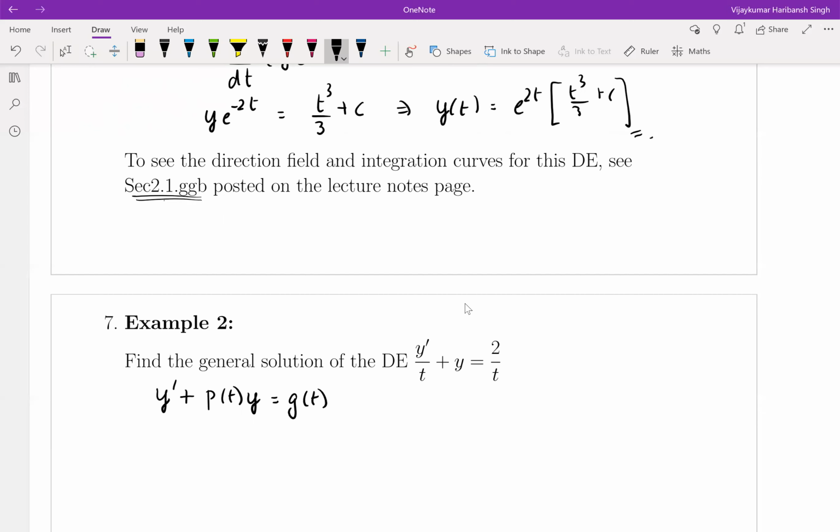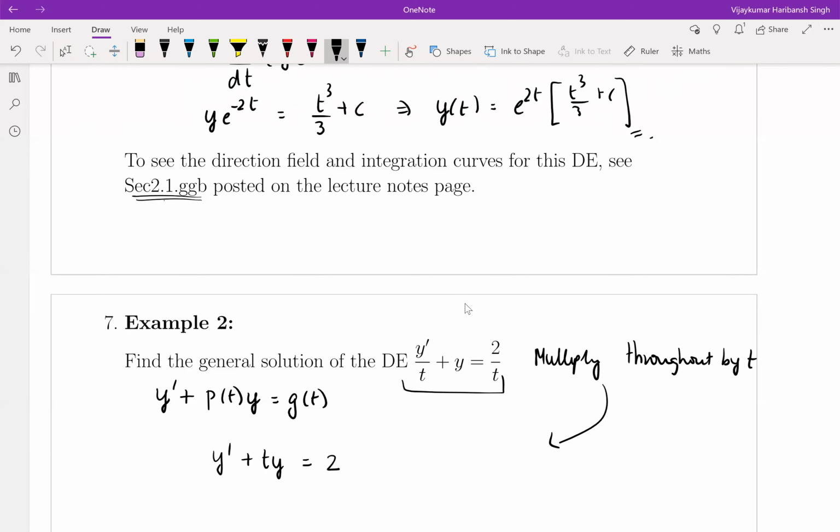So we should multiply throughout by t. So this differential equation turns out to be y prime plus t y equals 2.